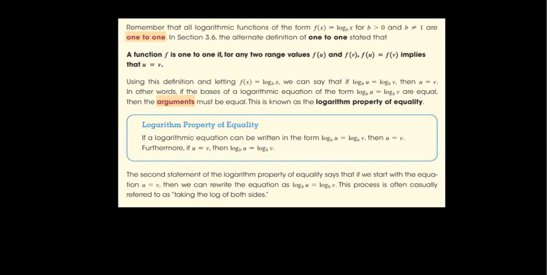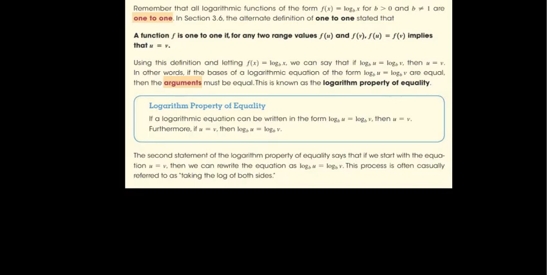All right, so similar to how we solved exponential equations, we solved them by equating the exponents together, right?